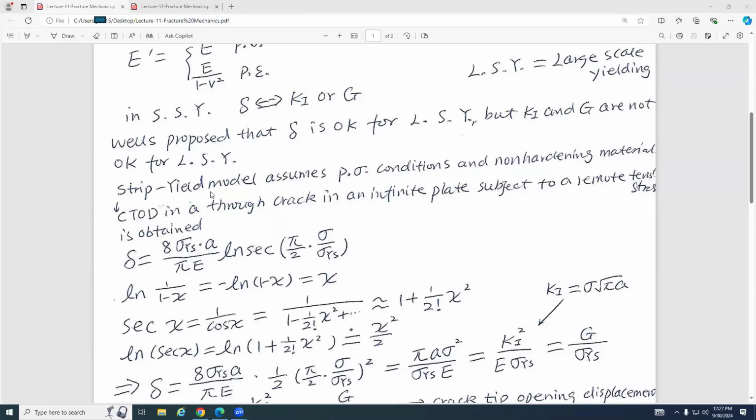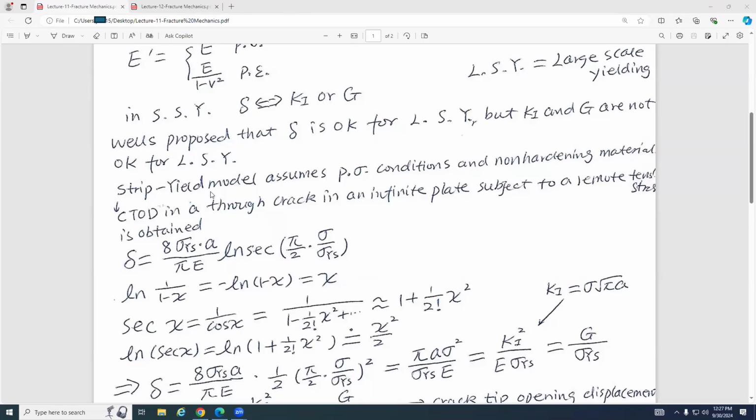So 2 factorial equals 2 multiplied by 1, which equals 2. That is how I get x squared divided by 2. So this is the log secant x, and then you plug it in, so x squared over 2, and this is how I get this delta.